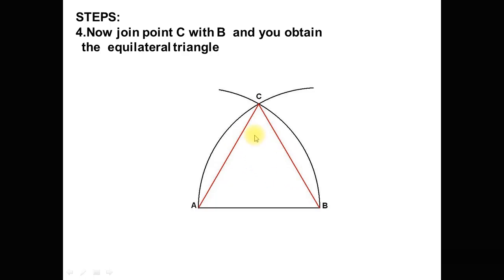So dear students, an equilateral triangle is that triangle in which the length of all three sides are equal. For the construction of this equilateral triangle, you have the length of one side. First of all, draw the line AB which will be considered as a base, and then open the compass at this point A up to point B and draw this arc.